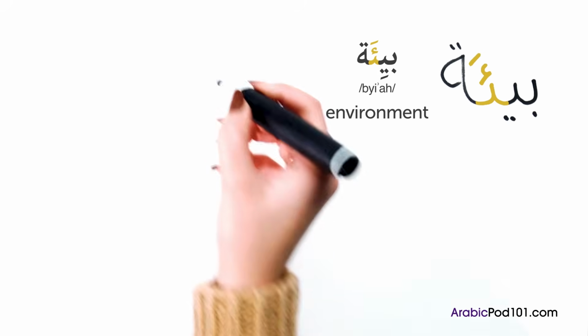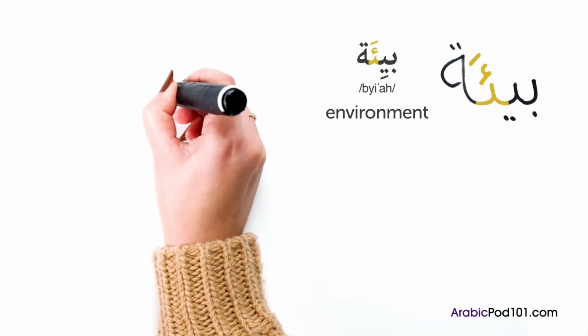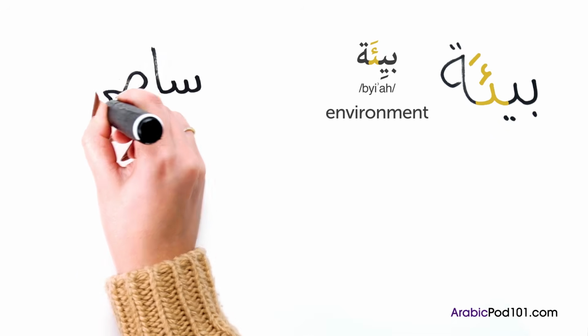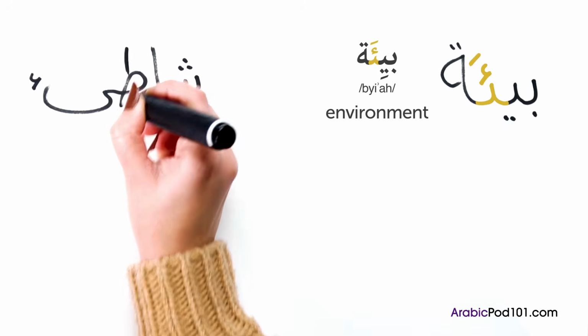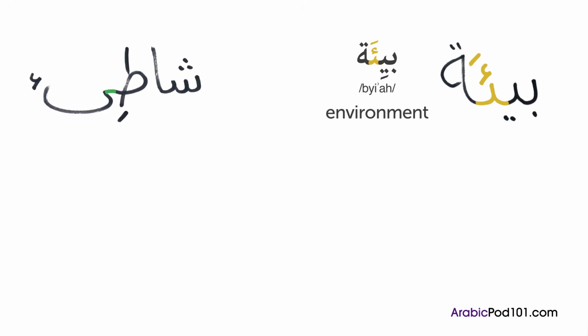First, let's see examples where the letter before the hamza has a kasra voweling. بيئة, environment. شاطئ, beach.